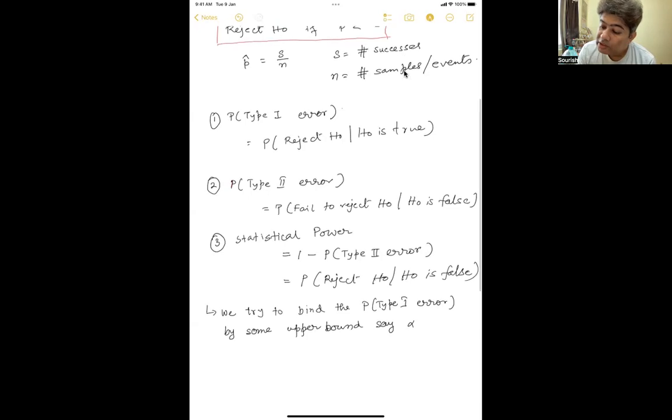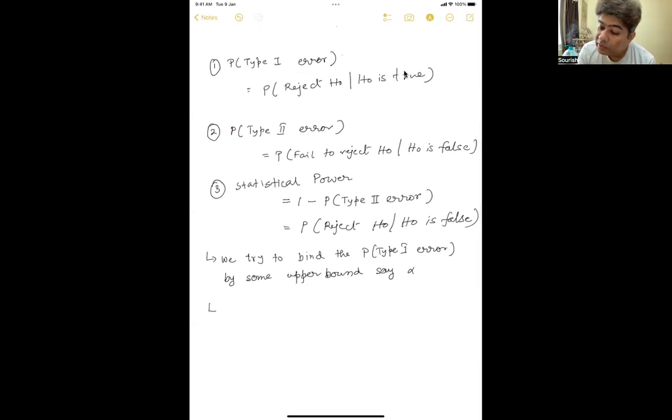Okay. And then once we do that, we try to find the test whose statistical power is max, or you can say whose probability of type 2 error is minimum.